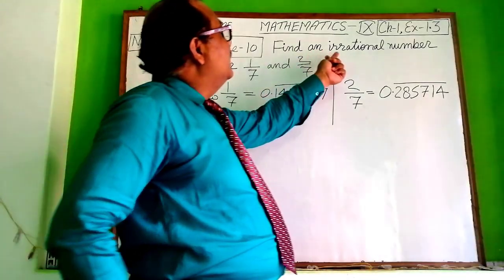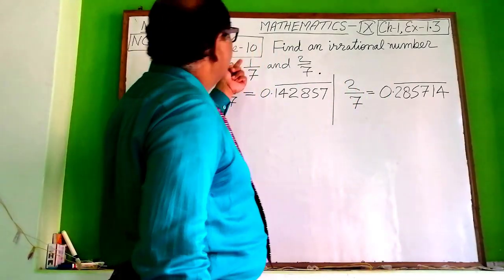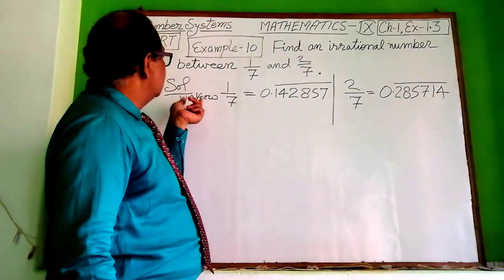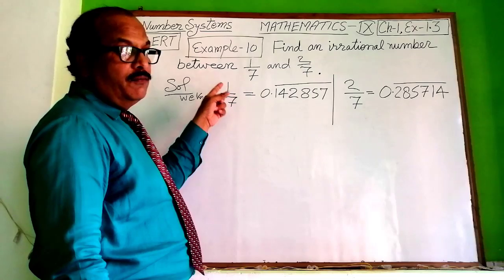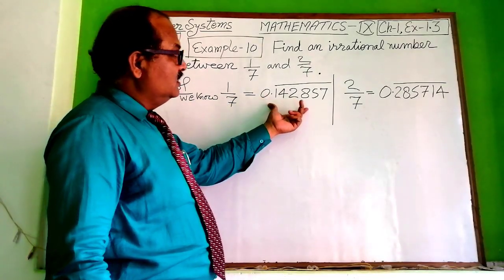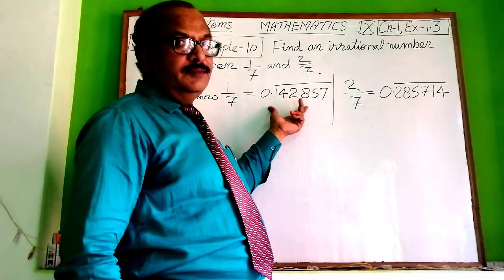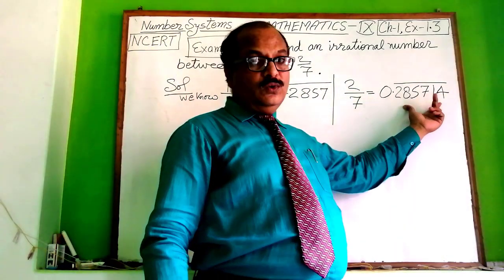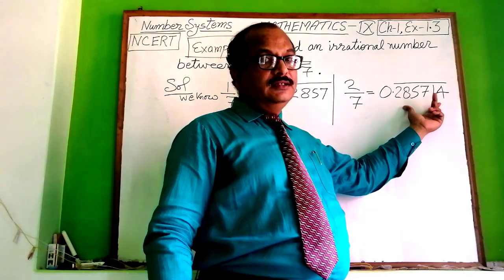Example 10. Find an irrational number between 1 upon 7 and 2 upon 7. You already know the value of 1 upon 7, done in previous questions, and the value of 2 upon 7 we have also calculated.